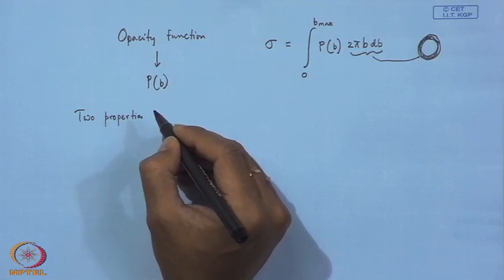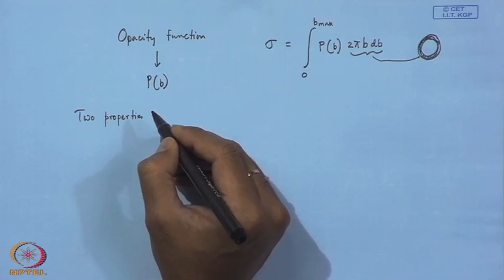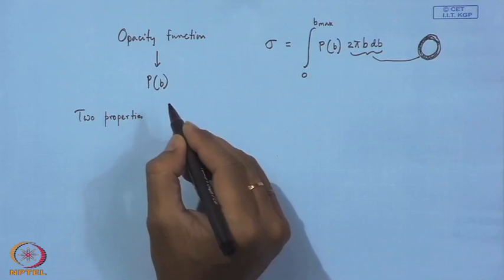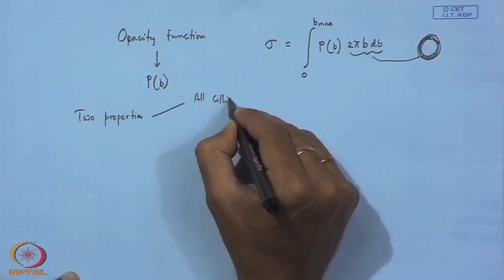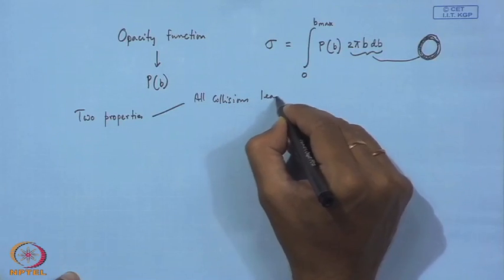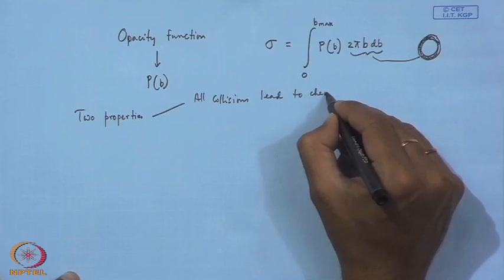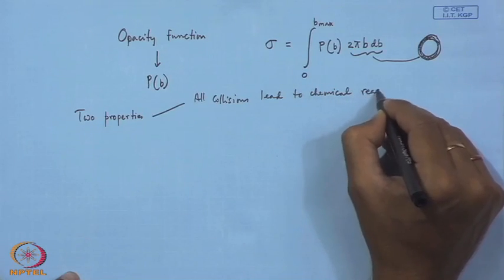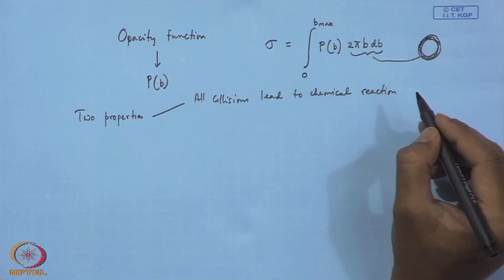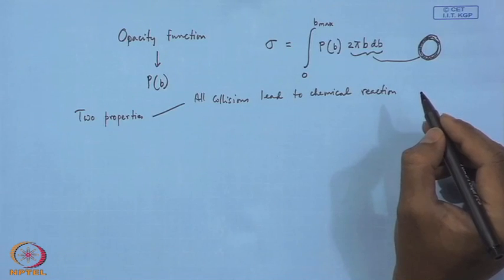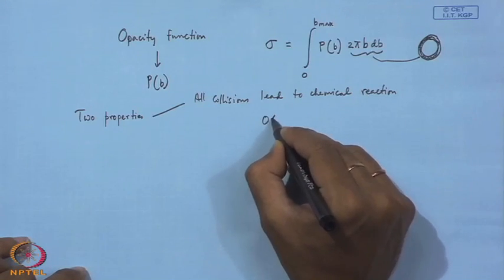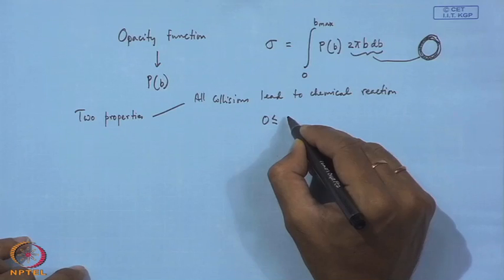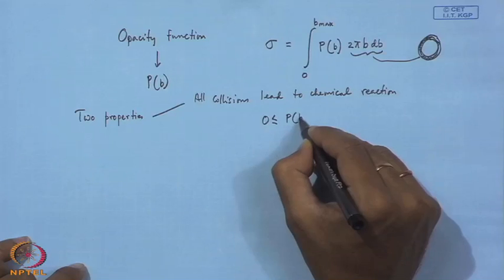One is, at most all collisions lead to chemical reaction, so P(b) could be unity. So, 0 is less than or equal to P(b) is less than or equal to 1.